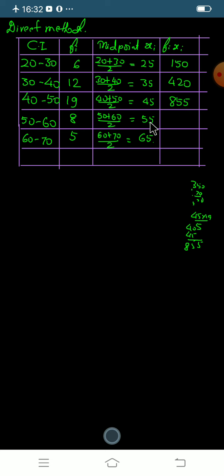Now 55 into 8, how much? 440. And finally 65 into 5. 5 fives are 25, 5 sixes are 30, 30 and 2 is 32, so 325.